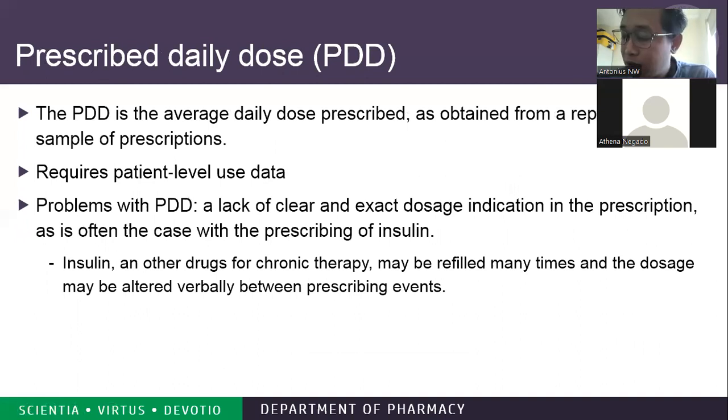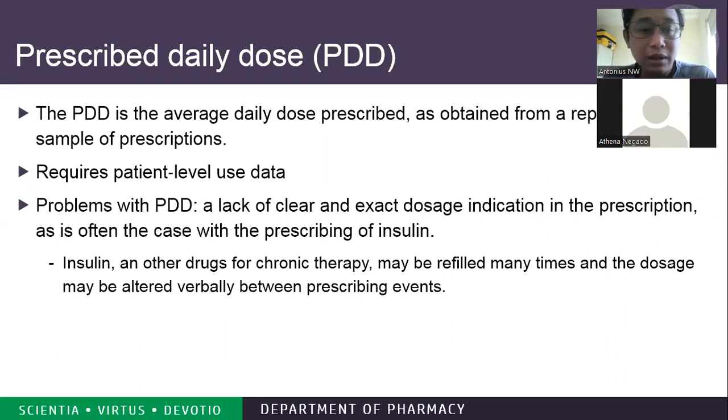And then another method is not using the defined daily dose, but the prescribed daily dose. PDD is using the prescription.